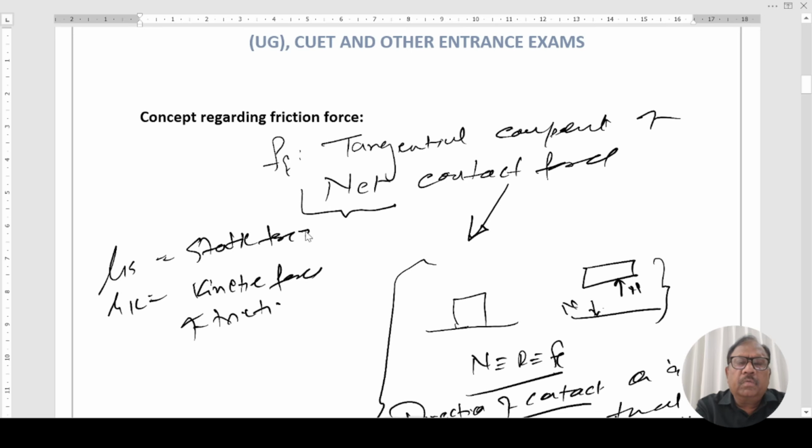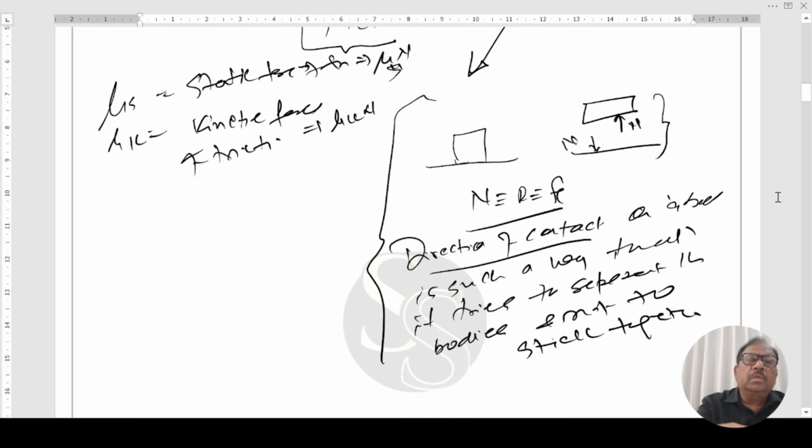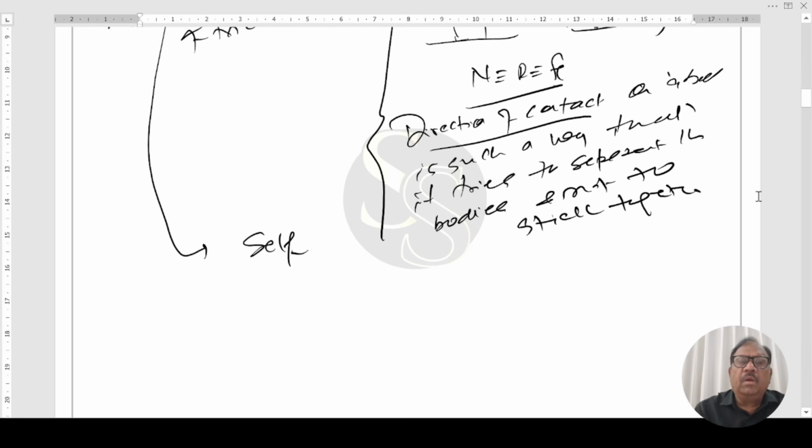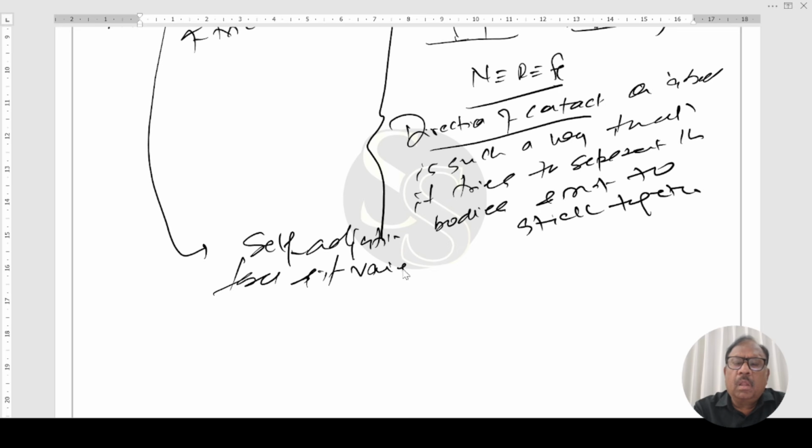Coefficient of static friction, that is mu s n, and kinetic is mu k n. Right? And static friction is a self-adjusting force, and it varies from 0 to FL.